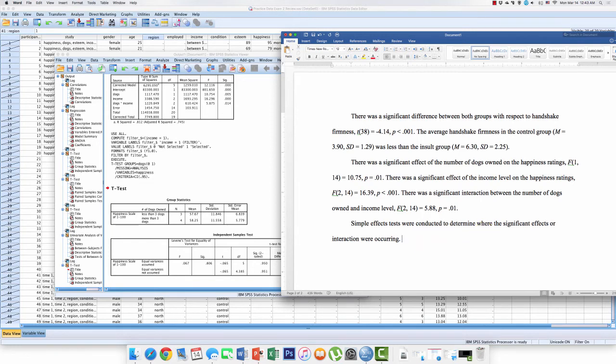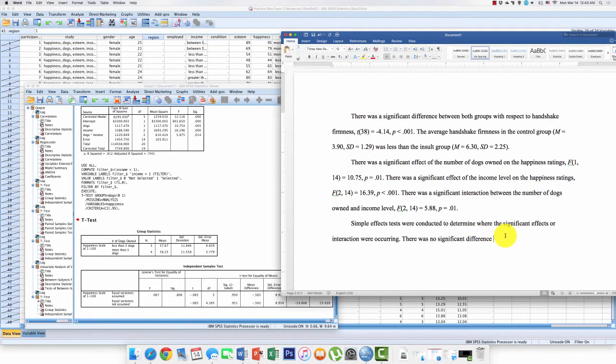Okay, so then we're gonna write there was no significant difference between owning less than 3 dogs, include our means and standard deviations.